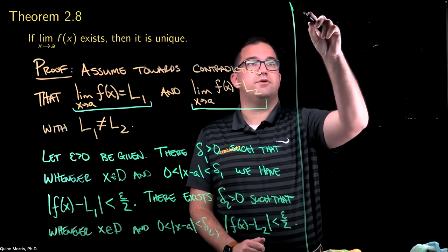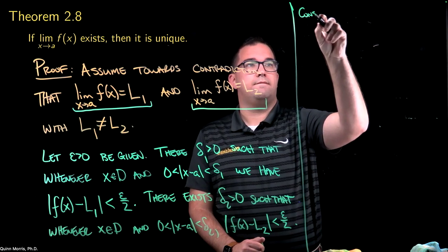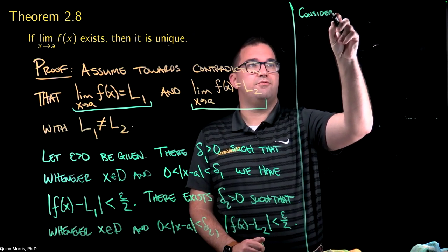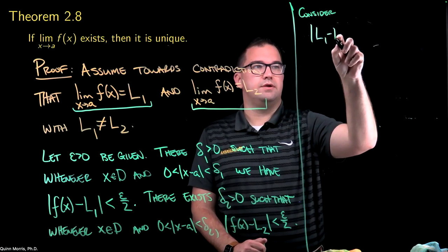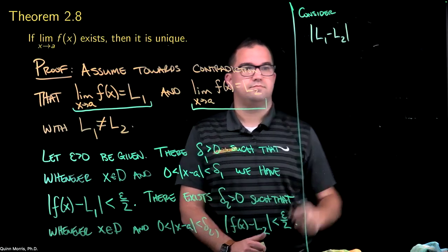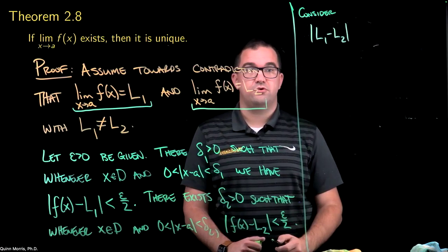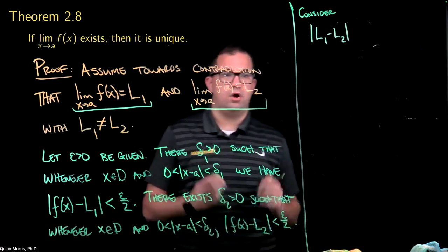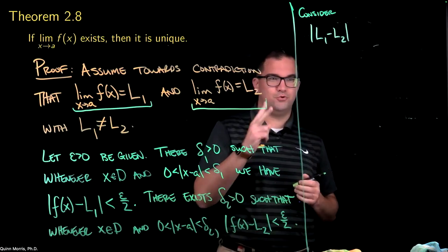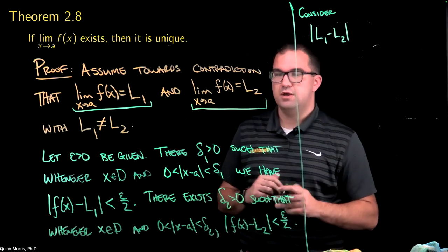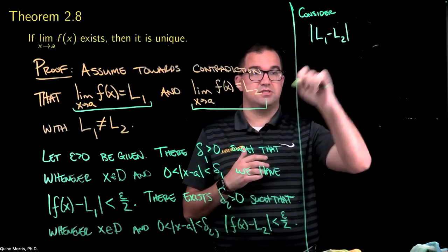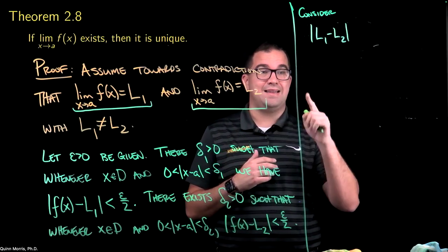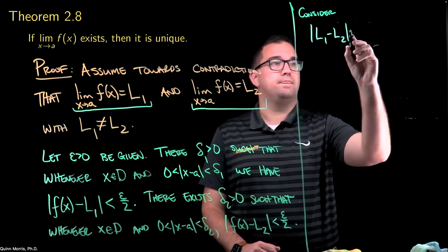Okay, so now what I want to do is consider the difference between L1 and L2, and I'm going to put some absolute values on here. Now, there are sort of two great tricks of analysis in this proof. The first is that sometimes it's easier to rewrite something in a slightly more complicated form by adding and subtracting the same thing.